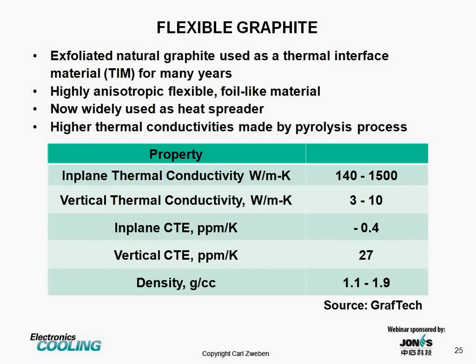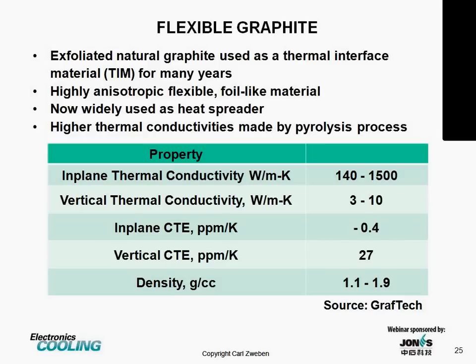Flexible graphite is another widely available commercial material. If we go back to traditional materials, exfoliated natural graphite, being something that's dug out of the ground, has been used as a thermal interface material, abbreviated TIM, for many years.